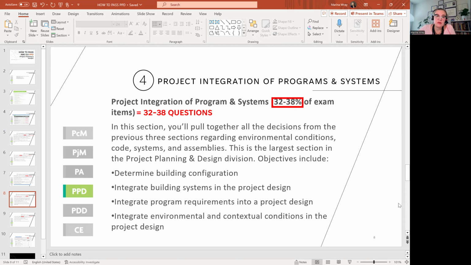The fourth objective is to integrate environmental and contextual conditions in the project design. So this is kind of the last chance to decide if you would like to, for example, do LEED, right?